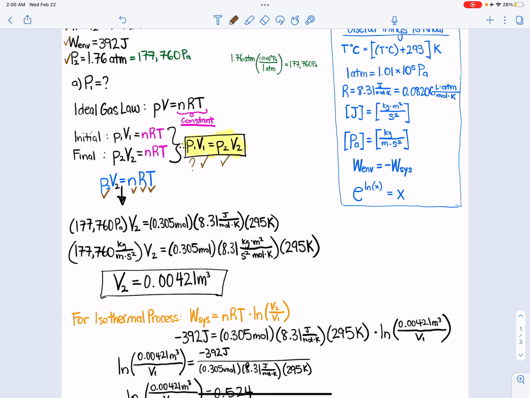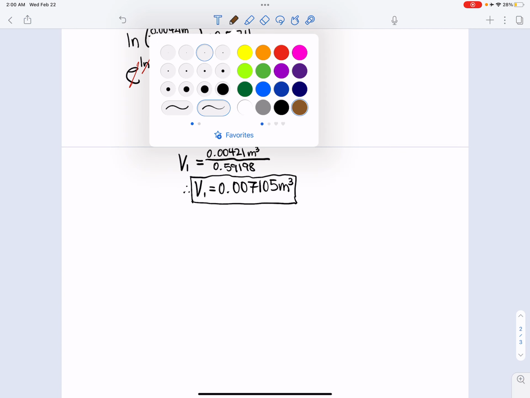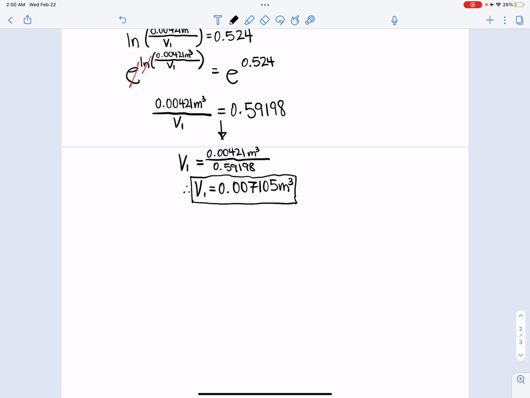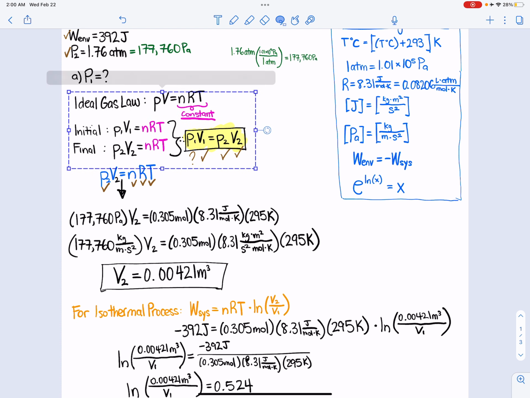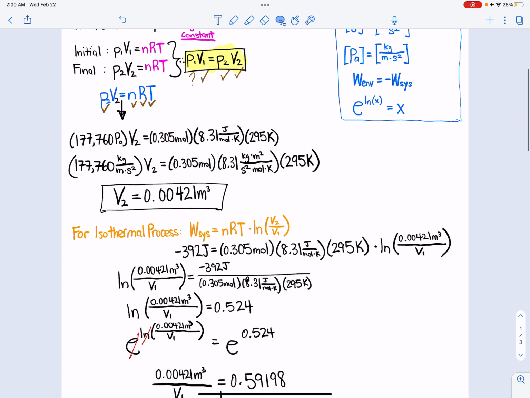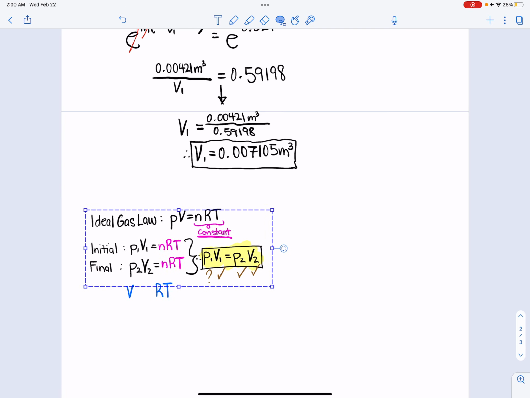Final pressure, or pressure at state 2 is given, and we also solved for V2 earlier, right? So then now we can just solve for P1. So let's actually bring that down. Copy, paste. All right.